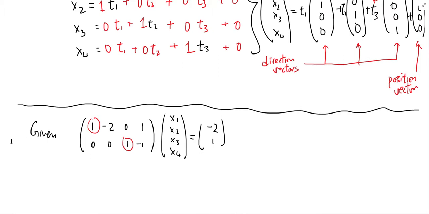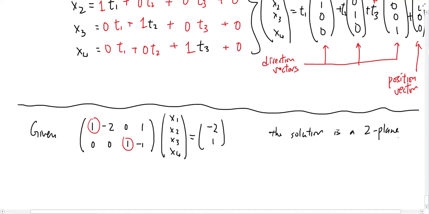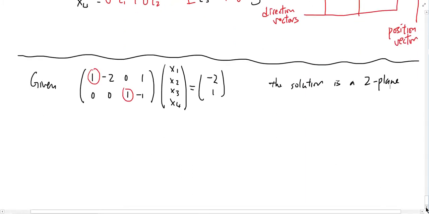And because there are 2 leading entries right here and right here, that indicates that it has 2 non-leading entries, implying that we're going to have 2 parameters. So we can expect the solution to this system to be a 2-plane. So what I'm going to ask you to do is pause the video and try to write out this solution that is a 2-plane. And then once you finish, unpause the video to see the rest of the video. Okay, so go for it.